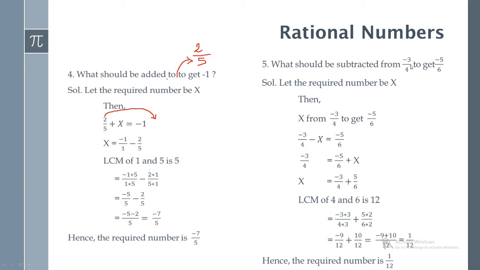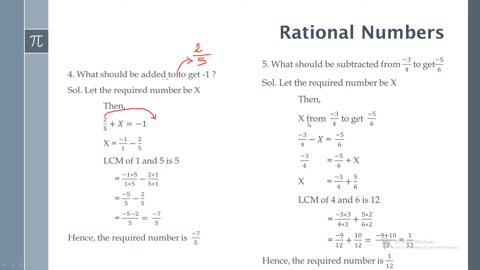Now coming to the next one: what should be subtracted from minus 3 by 4 to get minus 5 by 6? Now let the required number be x. I have written it very clearly here. The previous one was the easiest; this is a little tricky. x should be subtracted from minus 3 by 4 to get minus 5 by 6, according to the question.